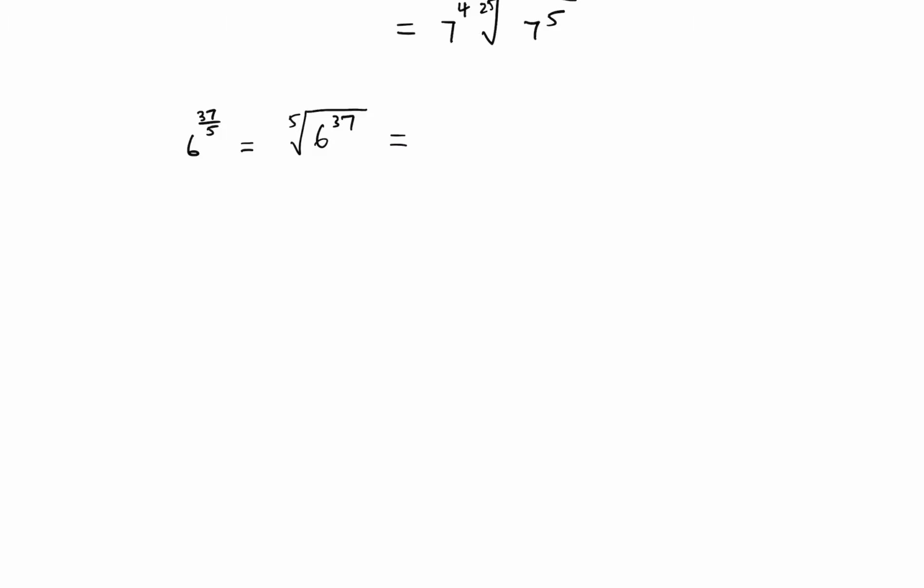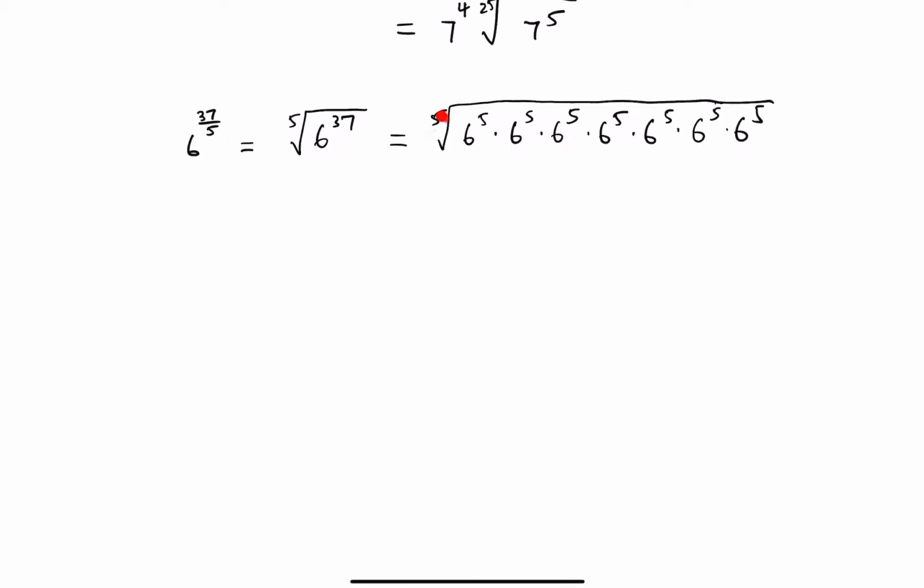That means that we can create several chunks of 6 to the 5th, and more specifically, 7 chunks. 5, 6, 7. Now, how do we know it's 7 chunks? Well, 5 goes into 37 7 times. So that's 1, 2, 3, 4, 5, 6, 7.